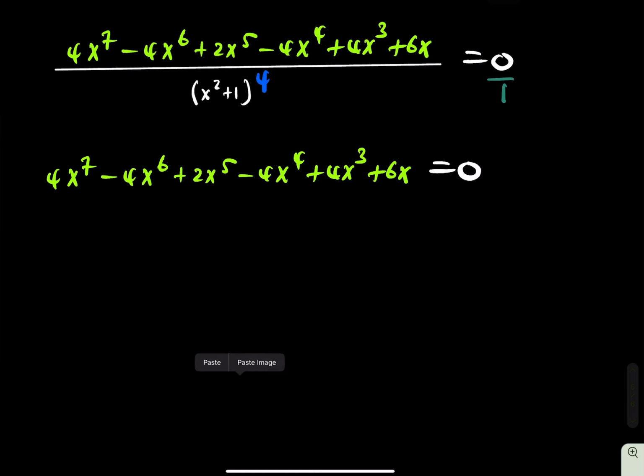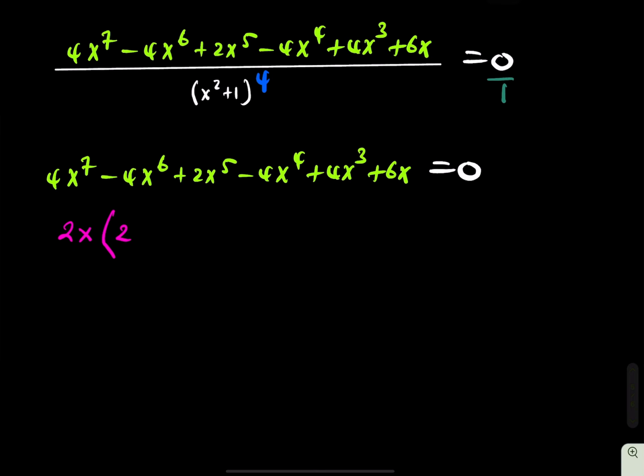But you can factor out your x here. It's really easy. Go back to grade 9. You can take out 2. 4 is really common. So I'm going to take 2x as a common factor. It's going to be 2x into, I'm left with what now?